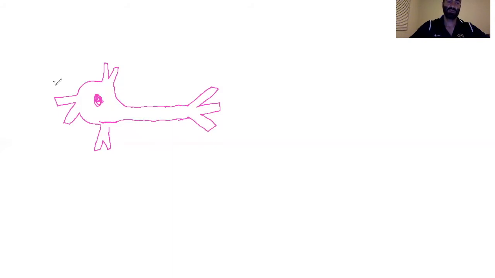So once again, dendrites, cell body, the living part of the cell. This long tube is called the axon. These points at the end, they're called the axon terminal.